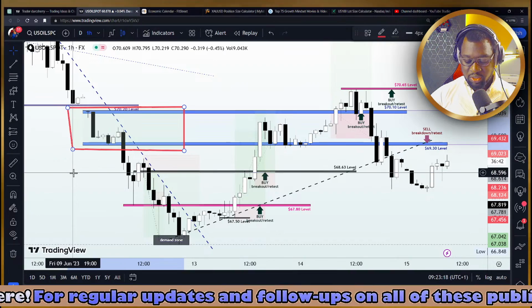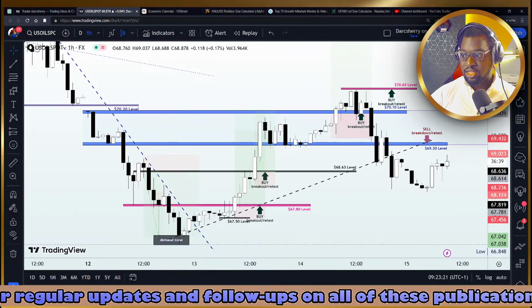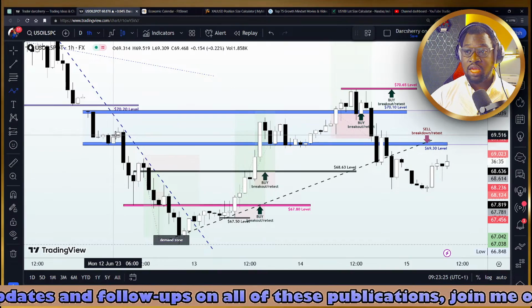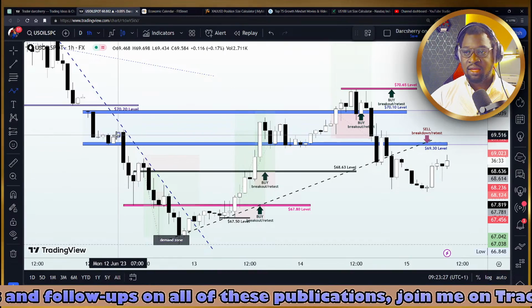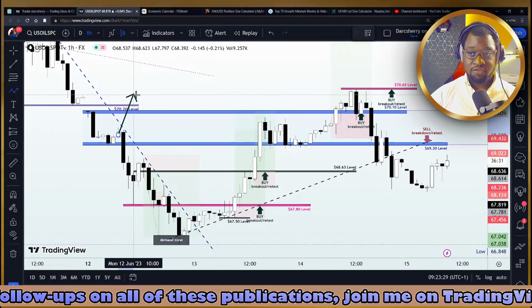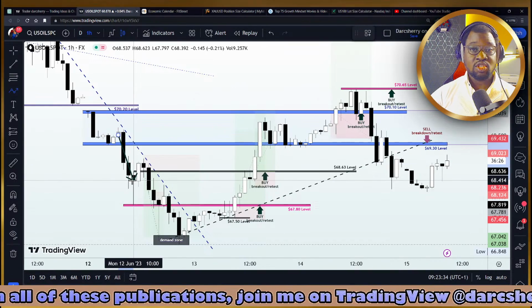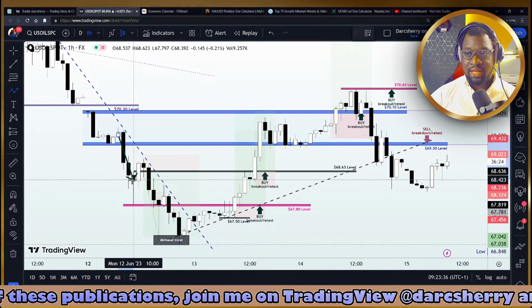And you know how we do it whenever we have this kind of simple setup. We are going to be waiting patiently for price action to give us a signal, either in the form of a breakout of the resistance line of that flat channel or a breakdown of the support line of the flat channel.